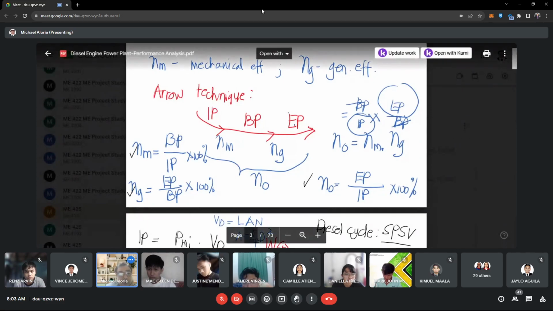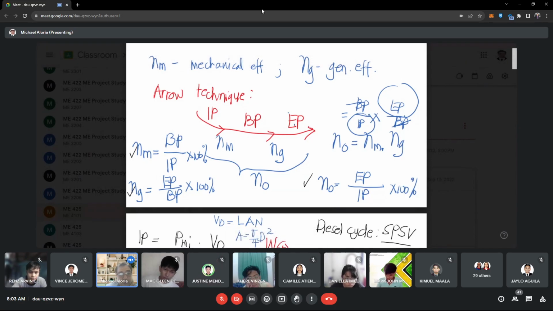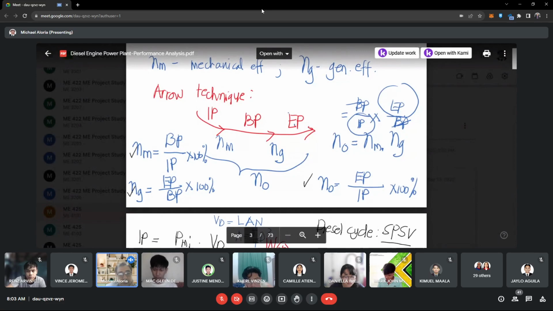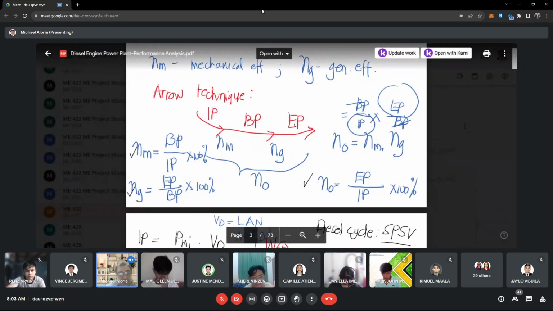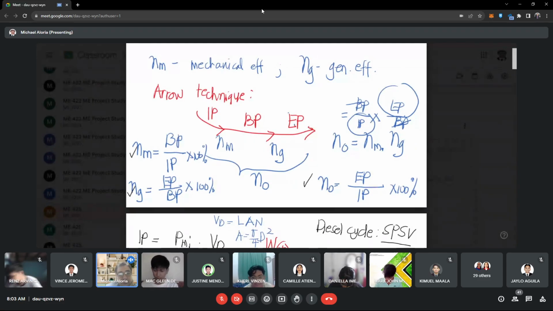So that's it. So these are the three parameters that we evaluate. First is the power output. So in terms of IP, BP, and EP, this serves as our general relation, in terms of mechanical efficiency and generator efficiency or even overall efficiency.